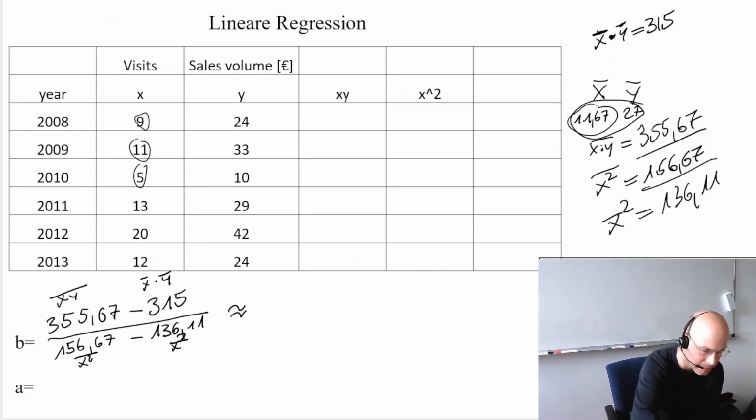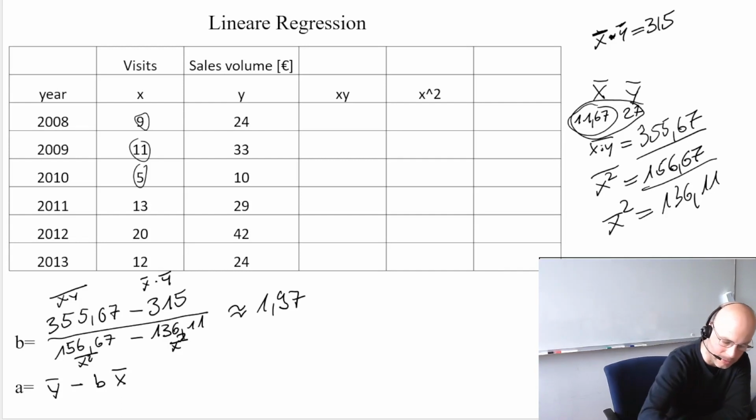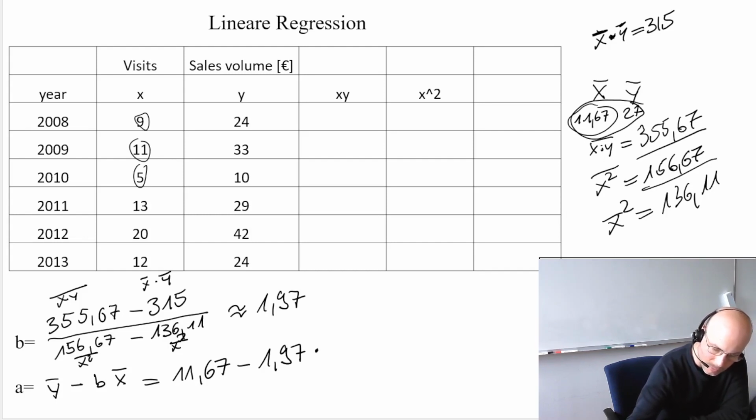And A we just obtain by Y bar minus b times X bar.